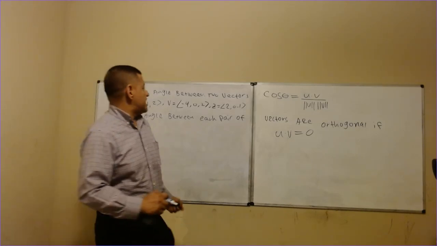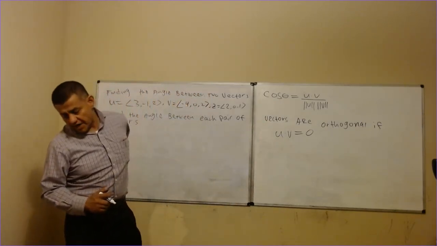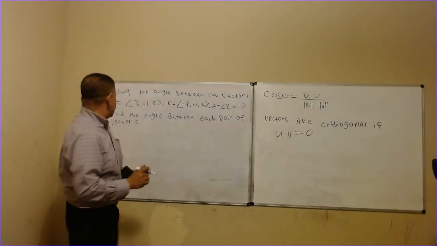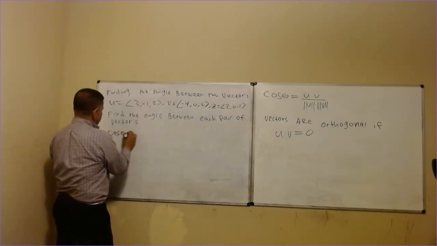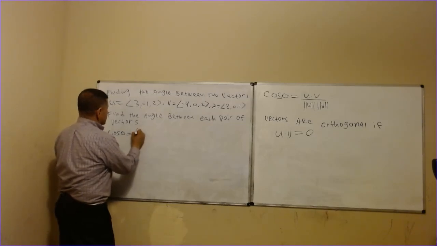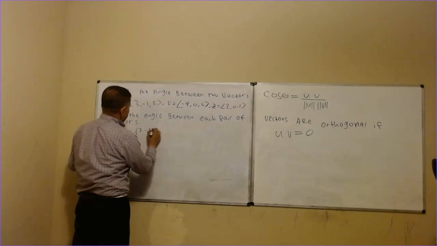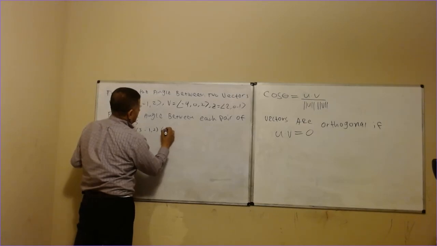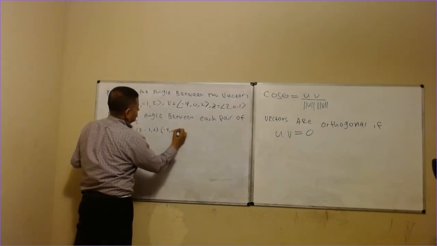But I have to do the inverse. So I have to take the inverse of the cosine, right? So that's part of the process. Okay, so let's start with u and v. Cosine of theta is equal to the dot product of (3, negative 1, negative 2) dotted with (negative 4, 0, 2).